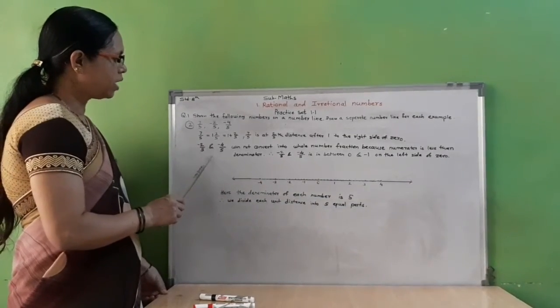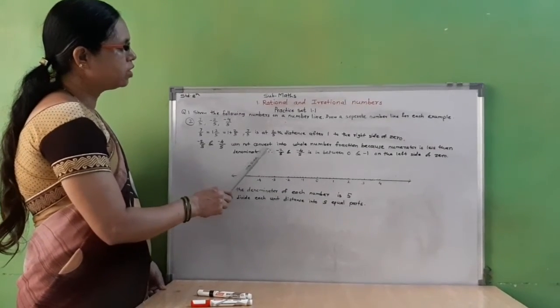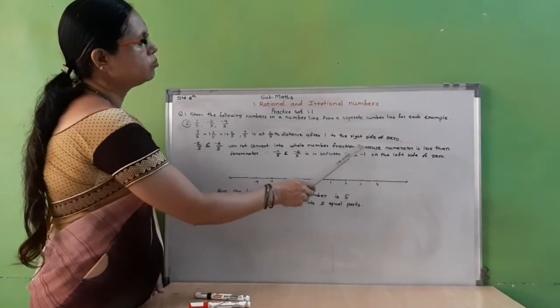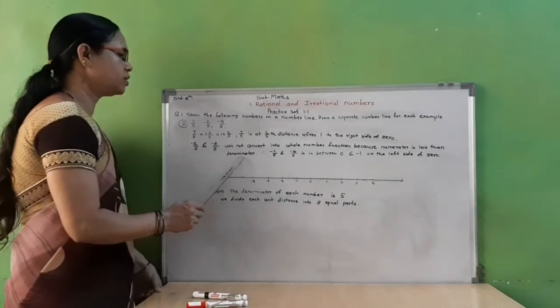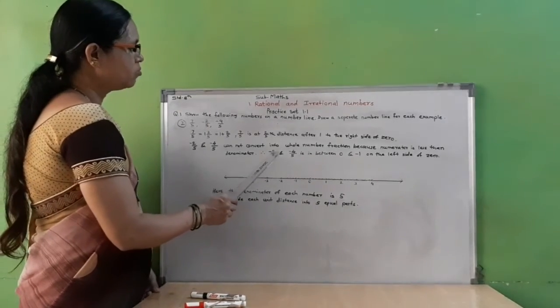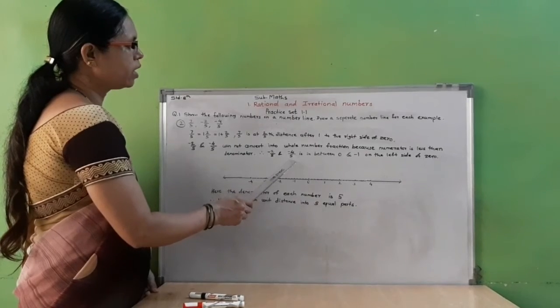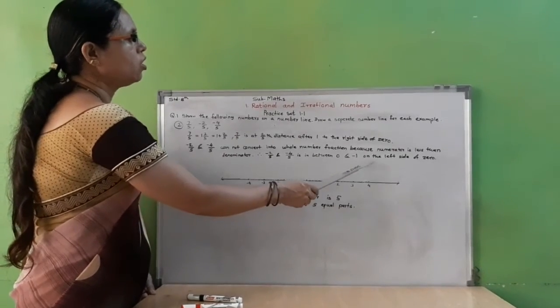Minus 2 by 5 and minus 4 by 5 cannot convert into whole number fraction because numerator is less than denominator. Therefore, minus 2 by 5 and minus 4 by 5 is in between 0 and -1 on the left side of 0.